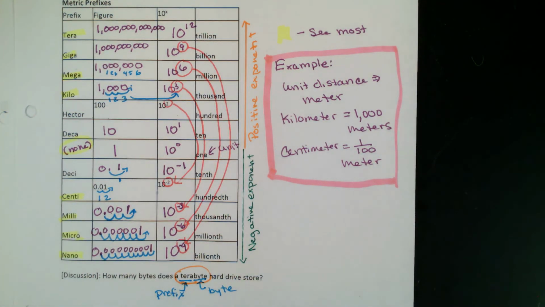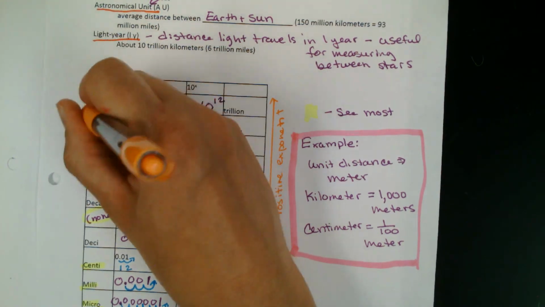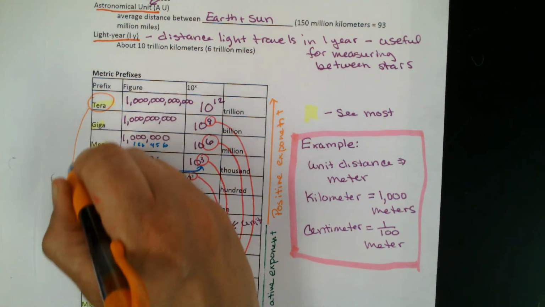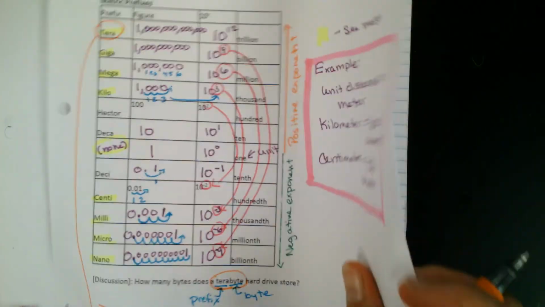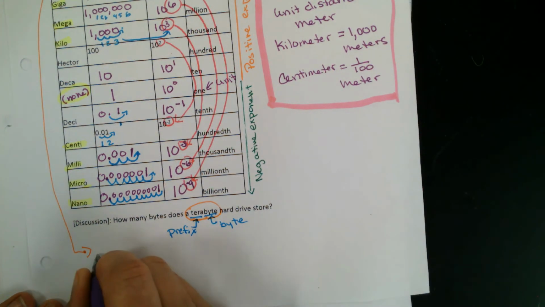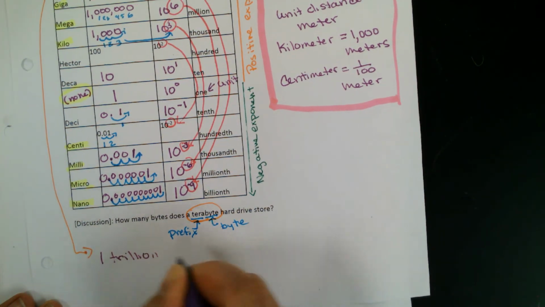This is saying, according to this prefix, how many bytes does a terabyte hard drive store? If you go up to our little diagram over here, we can see this tera. Read across, that's a trillion. So our answer here would be it stores 1 trillion bytes.